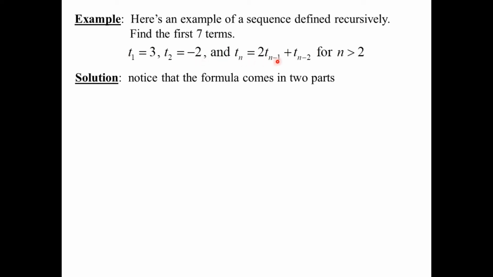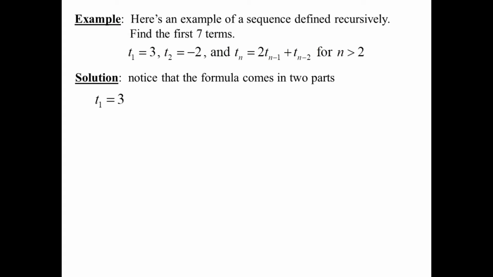All of this is the formula. So the first term is defined, and sometimes the second term is also defined, and the reason is because they don't have neighbors on the left. T sub 1 doesn't have a previous term, so it has to be defined separately. Hence, these formulas come in 2 parts.